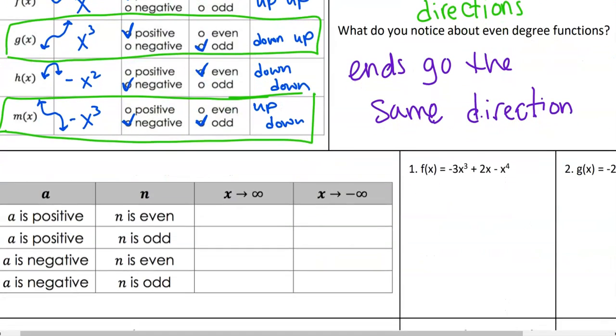So down here, let's focus more on the positive, negative stuff. If a is positive and n is even, what happened to both sides? So positive and even, both of my sides went up. y went up to positive for both of them. This is the right side.